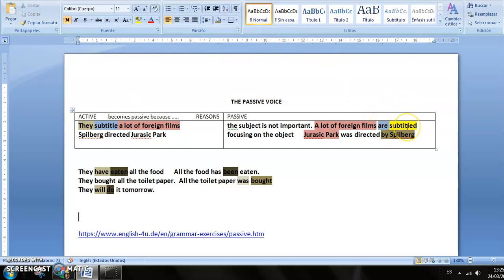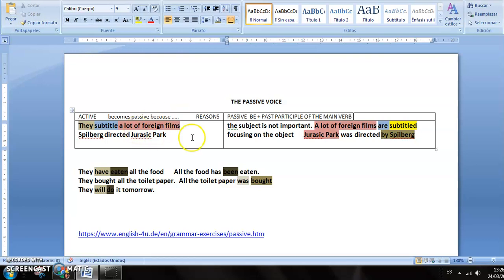And it's followed by the past participle of the main verb. So we make the passive just by substituting the main verb for the verb to be, and the main verb becomes the past participle, okay? It's not that difficult.